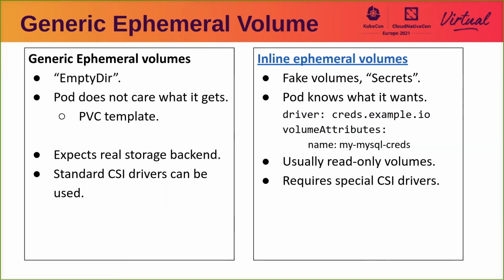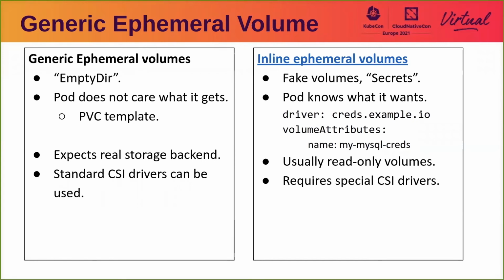They are something like emptydir, and the pod doesn't really care what it gets as long as it gets something persistent. So if it asks for 4 GB of some storage, it should get some writable 4 GB. And it expects some real storage backend that can provide those gigabytes. And it can be used with any CSI driver.